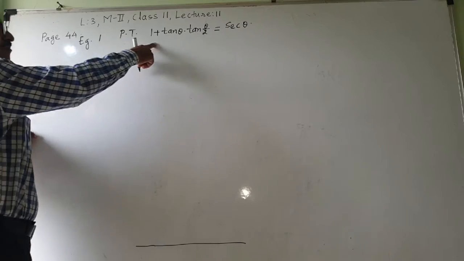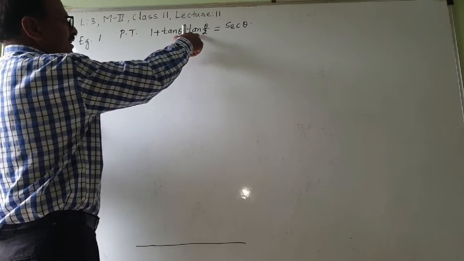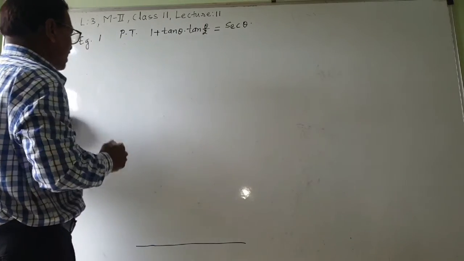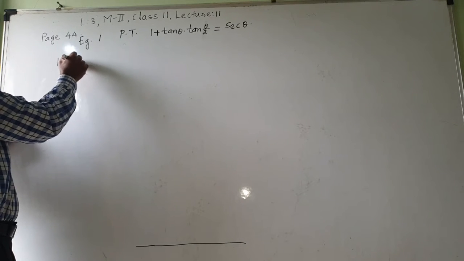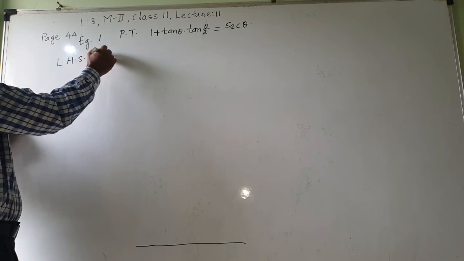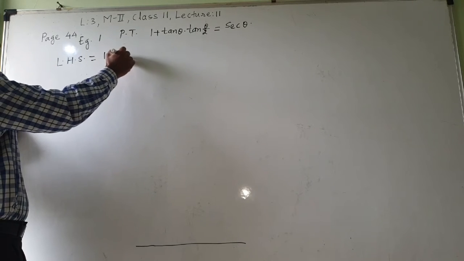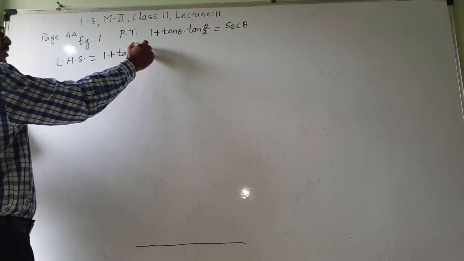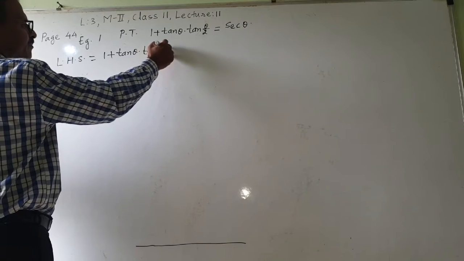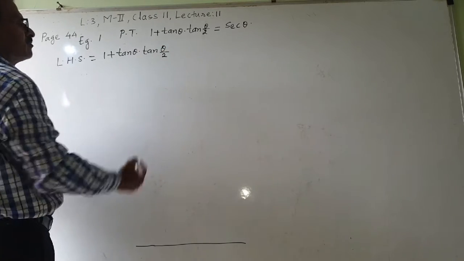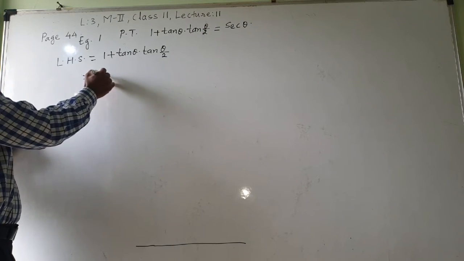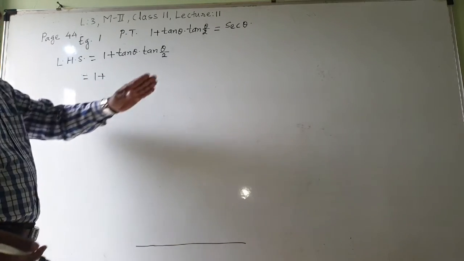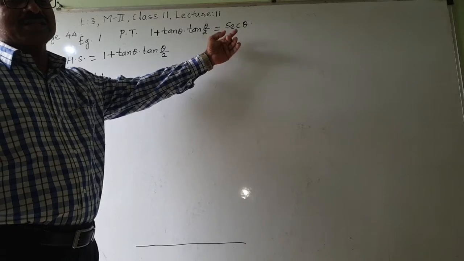Prove that (1 + tan theta) into tan(theta by 2) is equal to sec theta. So as usual, I will take LHS equal to (1 + tan theta) into tan of theta by 2. 1 plus tan theta means they want sec theta. Sec means 1 upon cos theta they want.